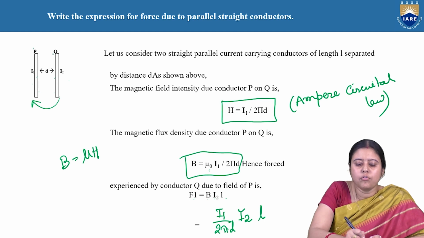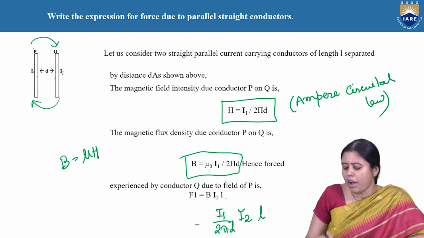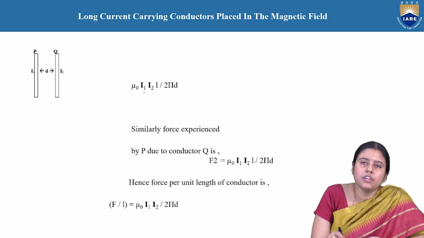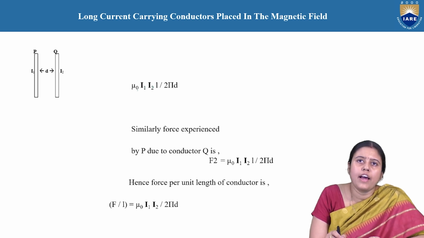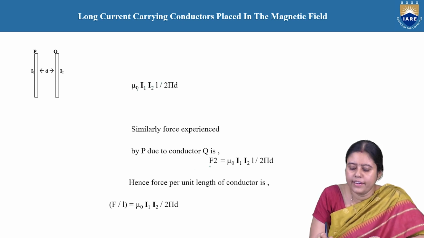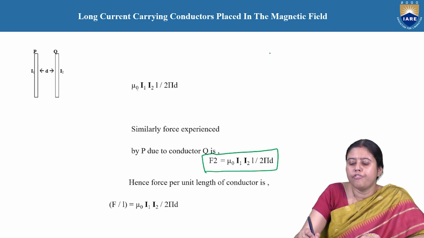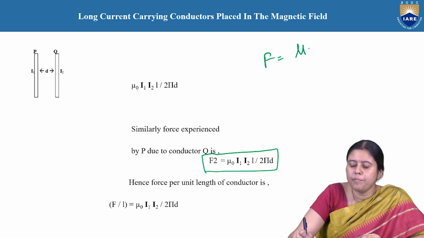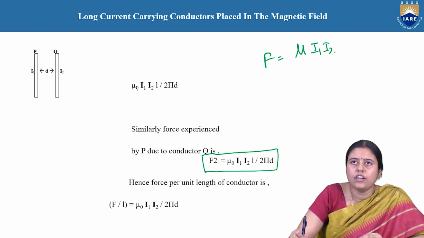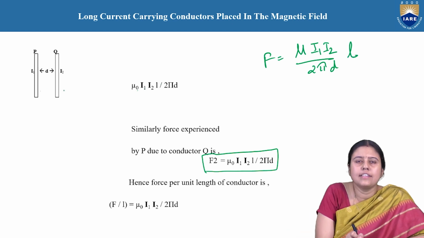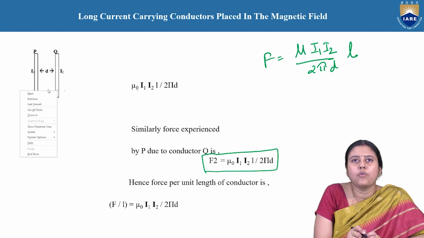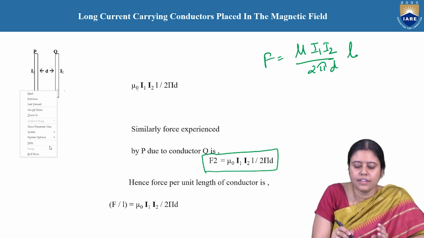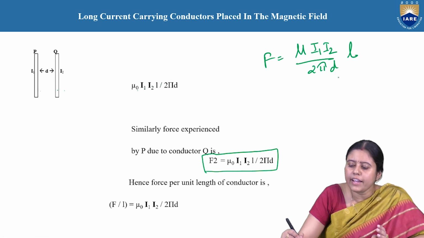Same thing, if we calculate the force on I1 due to I2, then again we will get mu naught I1 I2 L by 2 pi d. In both cases we get the same value. So the force is basically mu naught I1 I2 by 2 pi d into L, where d is the distance between the two conductors and L is the length.